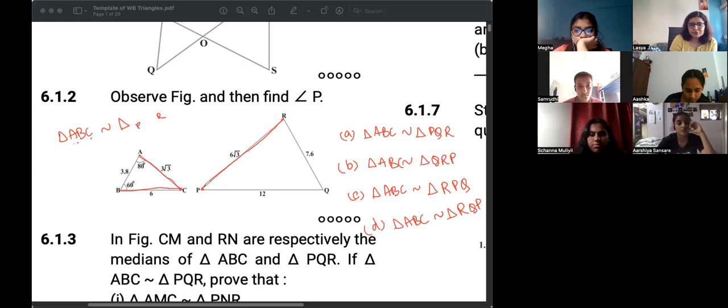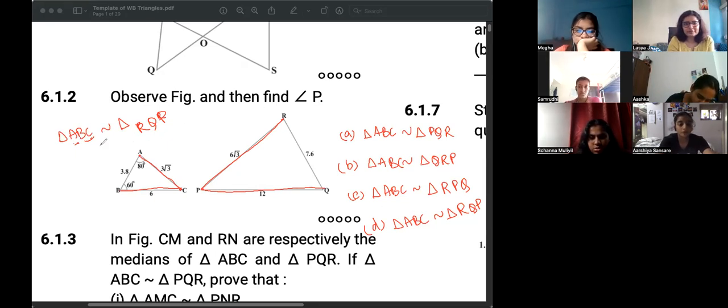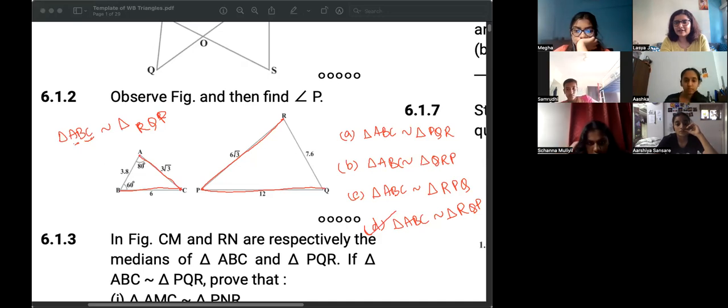Then BC is proportional to PQ, so P should be over here, R over here, Q in the center. That way, all three of them correspond to each other. So ABC will be similar to RQP. Option D is right. Ashka, Arshia, Megha, and Samriddhi have answered. Rest of you guys, you get it right?